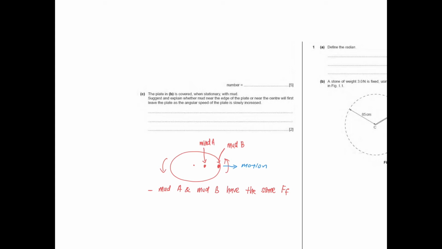So the motion is outwards, and the frictional force is hence inwards. This is the frictional force. Same value actually, because like what I said, they have the same roughness. They are placed on the same plate, so they have the same frictional force. That is the thing.